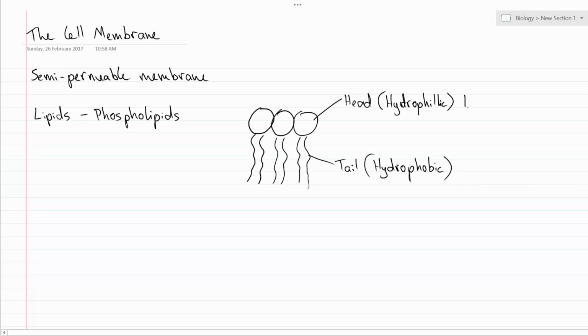Hydrophilic basically means loves water, or is happy with and okay with water, and hydrophobic means hates or dislikes water. So each phospholipid has a head which really likes water and has a tail which really doesn't like water.